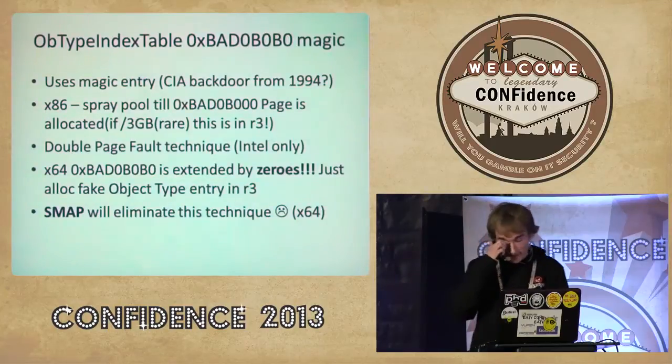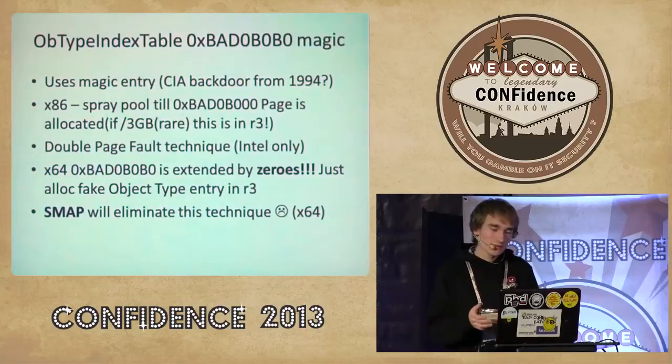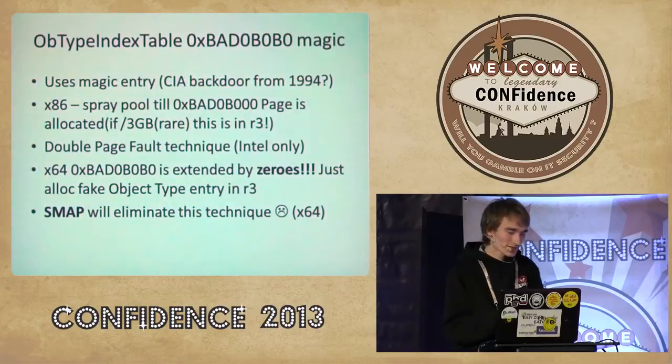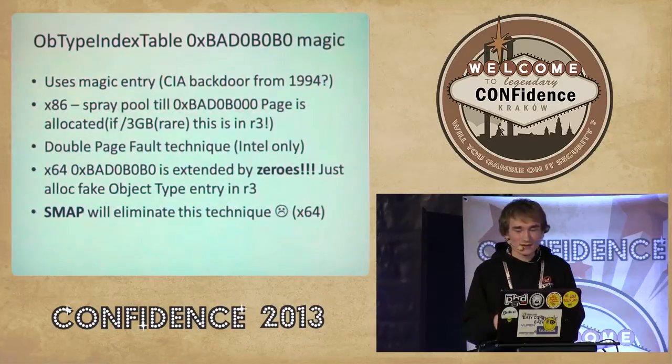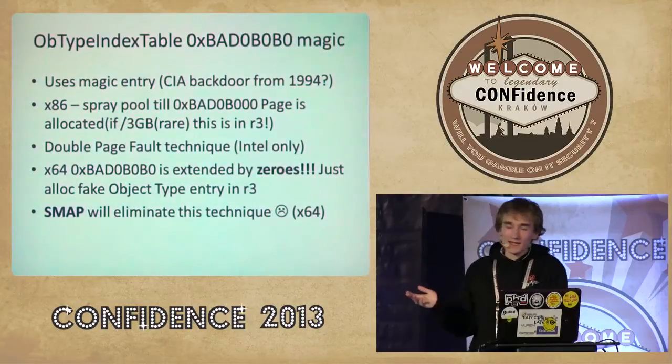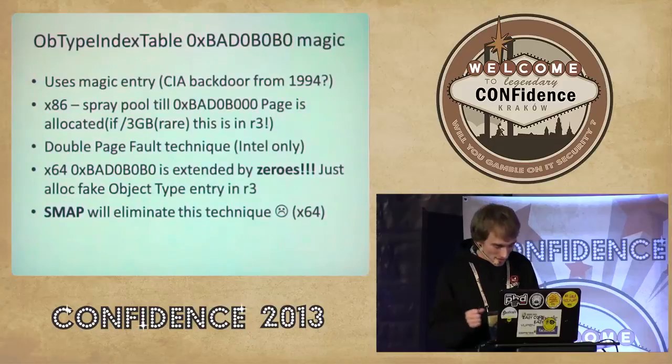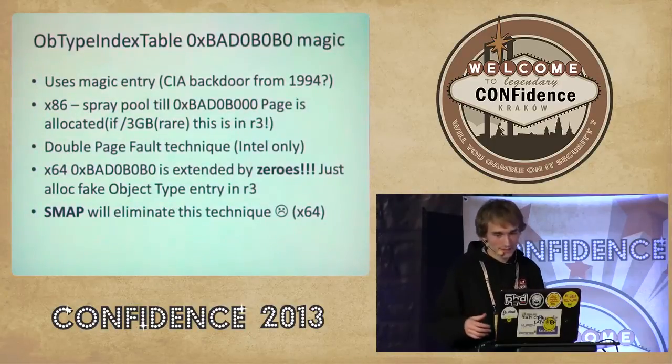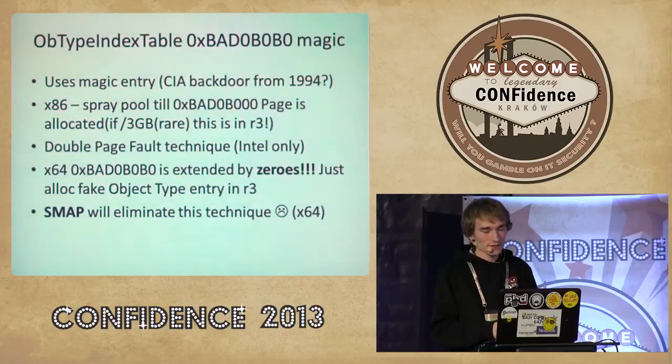So I think some programmer from Microsoft likes constants that start with bad something, or maybe it's a CIA backdoor, I don't know. So basically, you have to allocate a fake entry at this address and gain execution.